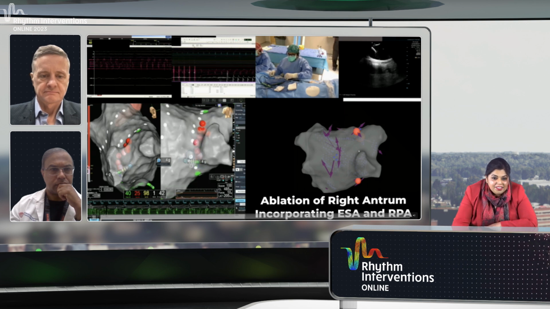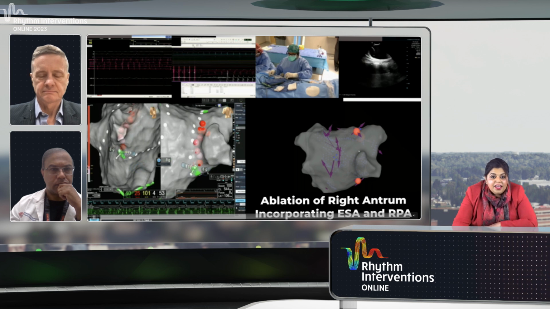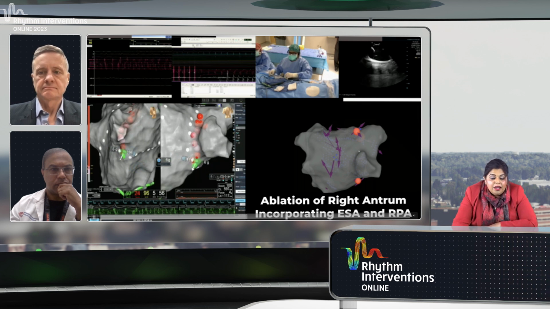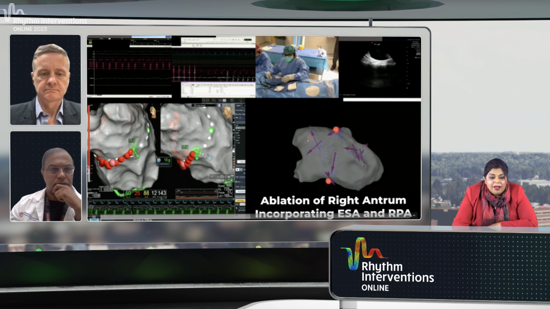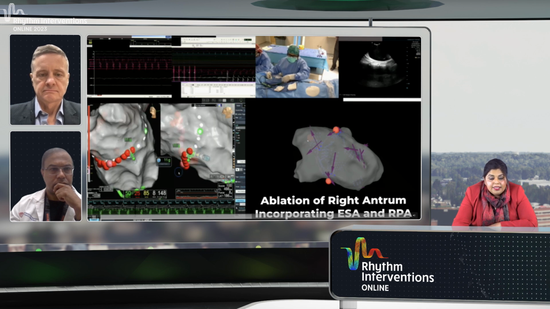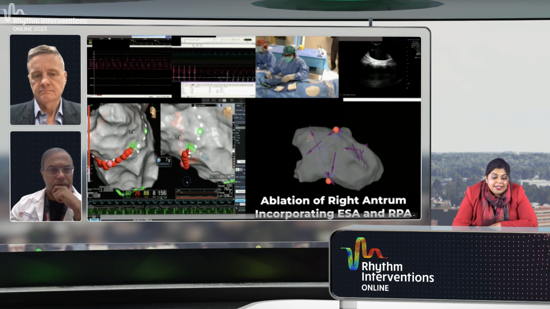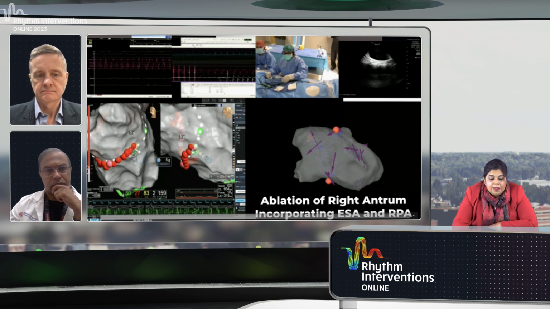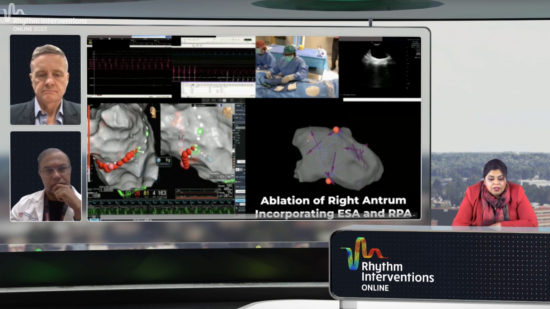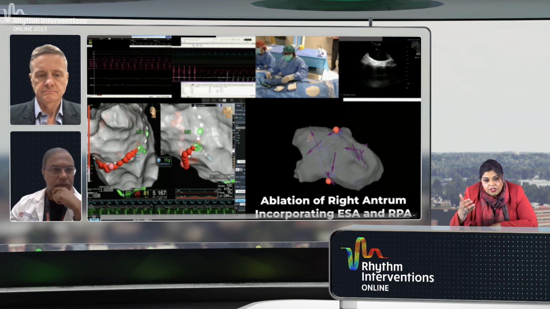There are obviously two ways of doing it. You can have your grid in there as well, but we're applying 40 watts in the posterior wall for about 10 to 12 seconds, and about 50 watts in the anterior wall, with more stacked lesions in the anterior wall as we're coming along that anterior antrum.